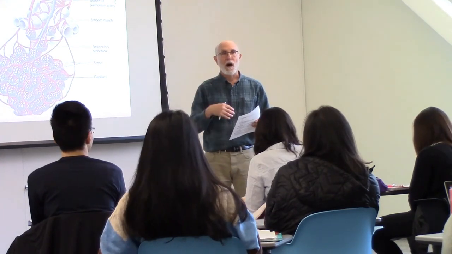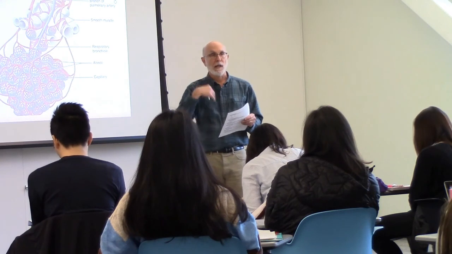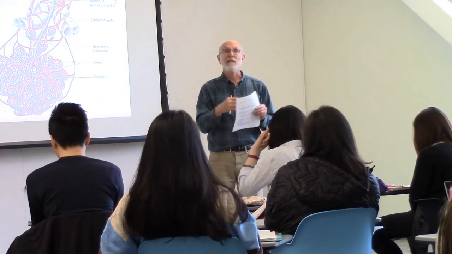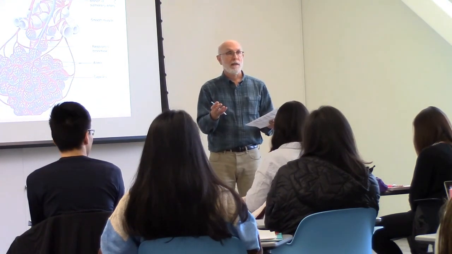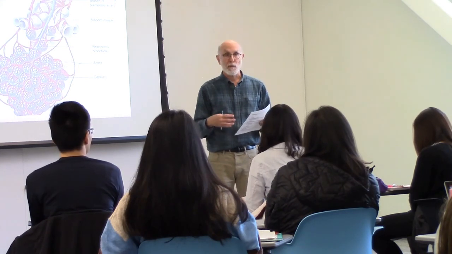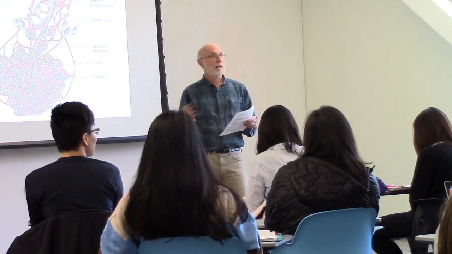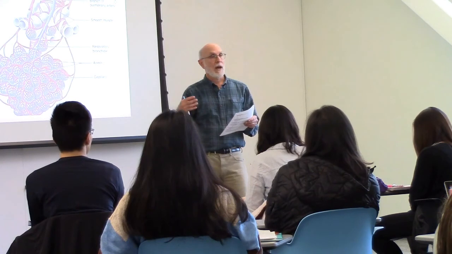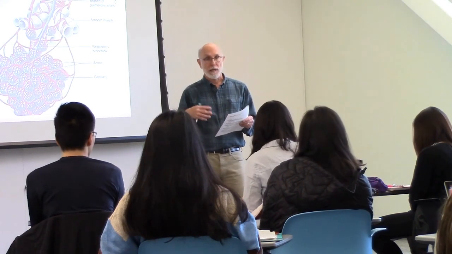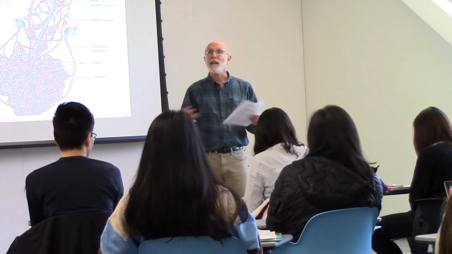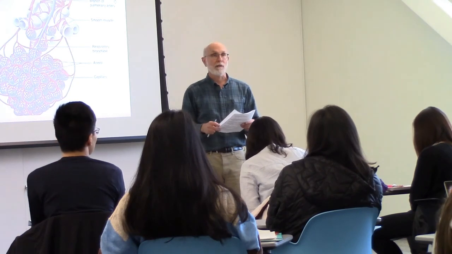That would help hemoglobin bind oxygen in the lung, because the lung is relatively cool. And if we're exercising, muscles make a lot of heat, and that would help the hemoglobin unbind its oxygen in the tissue that needs it, the exercising muscle.